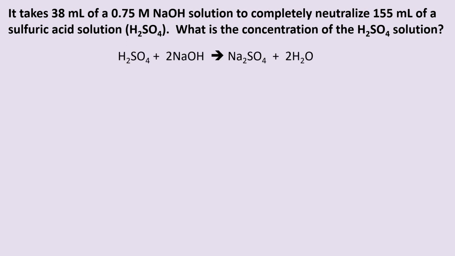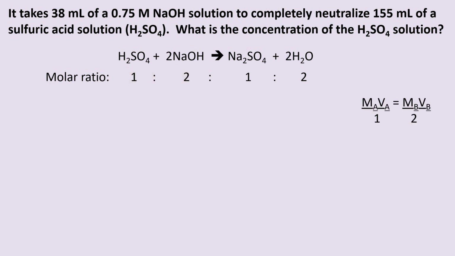We begin by writing the balanced chemical equation, where 1 mole of H2SO4, sulfuric acid, reacts with 2 moles of NaOH, sodium hydroxide, to produce 1 mole of Na2SO4, sodium sulfate, and 2 moles of water. The molar ratio will be 1 to 2 to 1 to 2. However, since we're only interested in the reactant side of the equation, we use the ratio values 1 to 2.